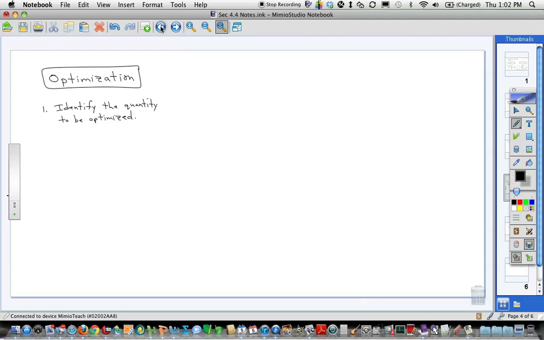So in the snowmobiler problem, identify what it is. It was time. We wanted to minimize. So step 2 then, write an equation slash or parentheses function, which I'm going to explain why I wrote both those in a minute, for that quantity.